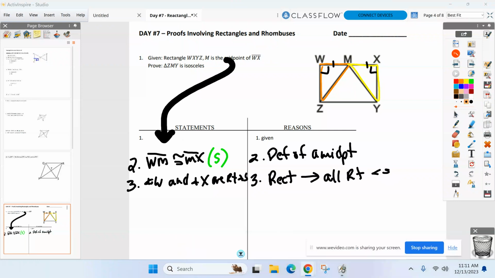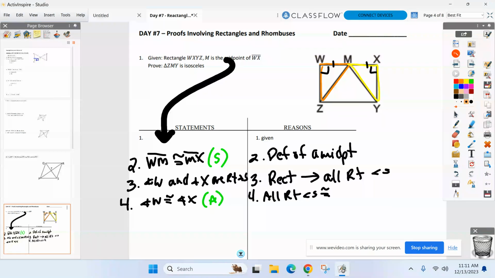And just like we've done in the past, now tell me those right angles are congruent. So angle W congruent to angle X, all right angles congruent. And there's an A for you.